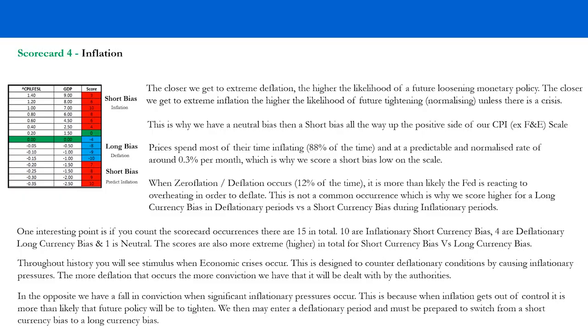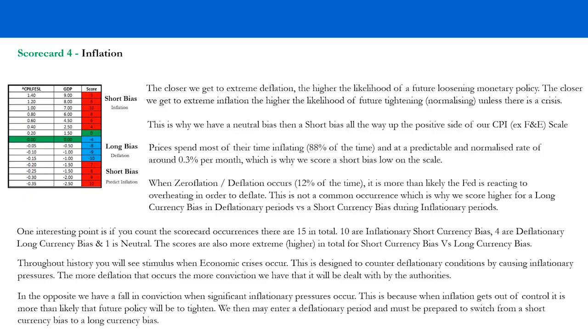And we're going to introduce a term here now, which you may not be familiar with. We're introducing the term zeroflation. So when we have 0 in CPI X food and energy, we basically consider this as deflation. So deflation or zeroflation occurs 12% of the time.